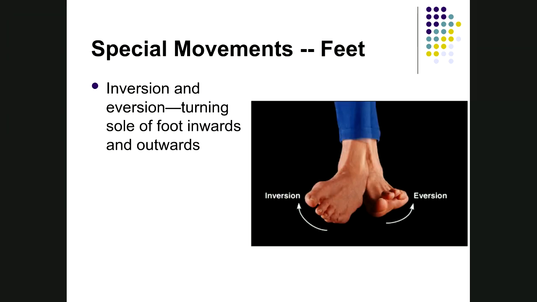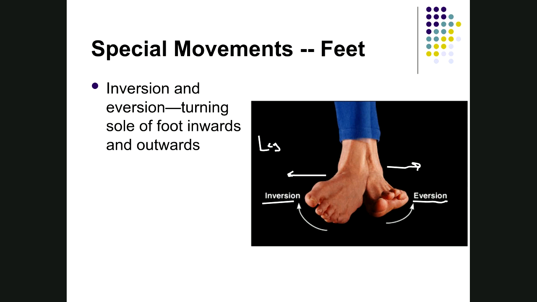Another thing that only feet can do is similar to what hands can do when they supinate or pronate. But feet don't turn as far as hands do, and so we can't use the same terminology. So when you turn your foot toward the other leg, like this, that's inversion. If you turn your feet away from the other leg, that's eversion.